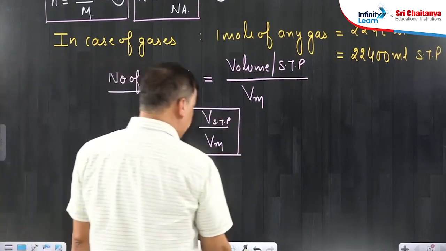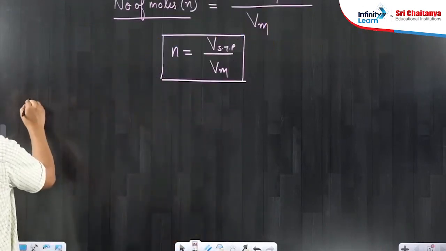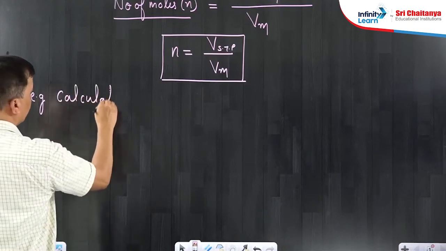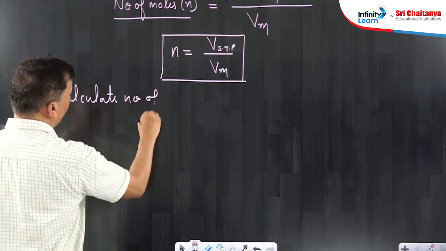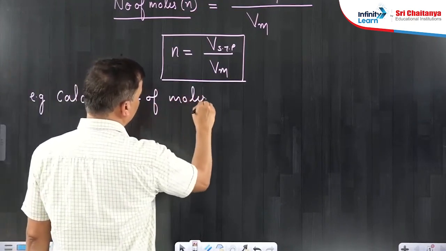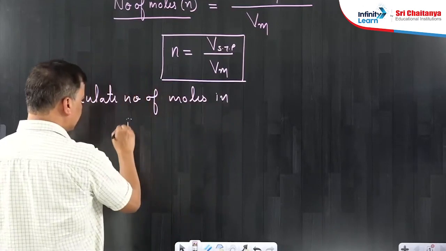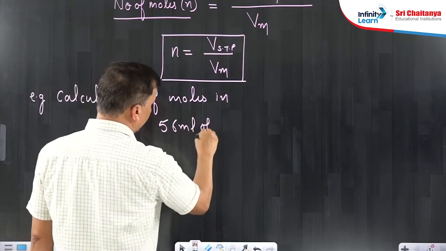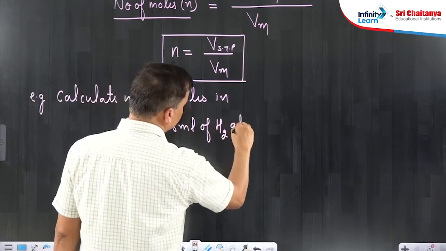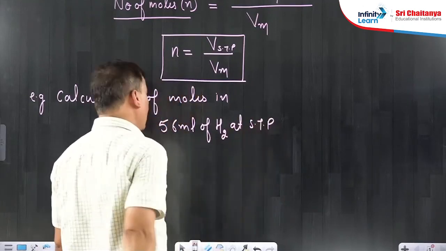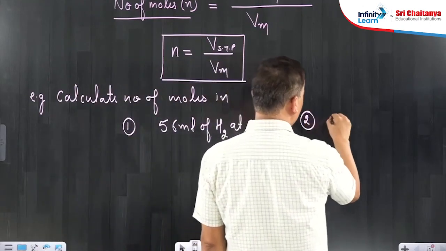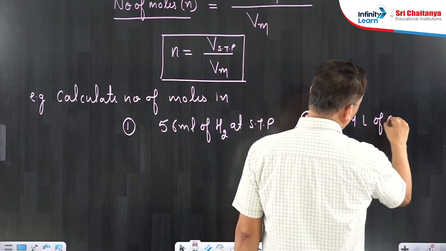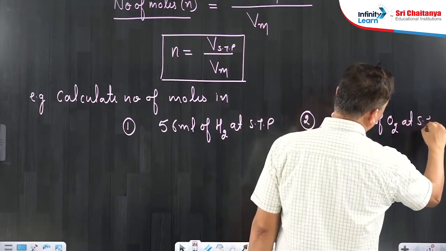So I am writing here, for example, we have to calculate number of moles. Number one is 56 ml of H2 at STP. And number 2, 2.24 liter of O2 at STP.